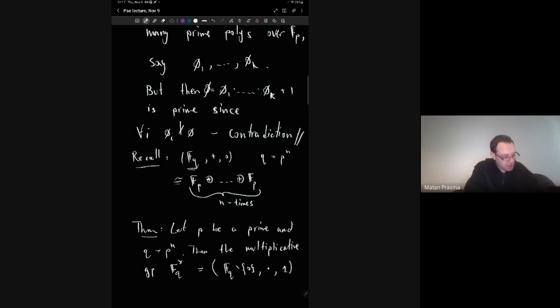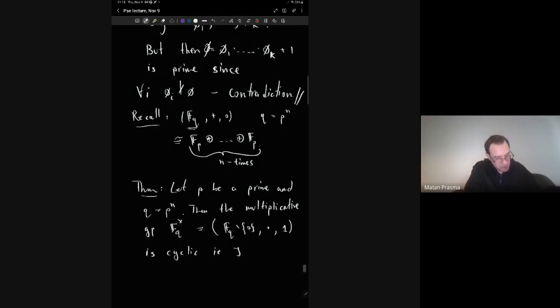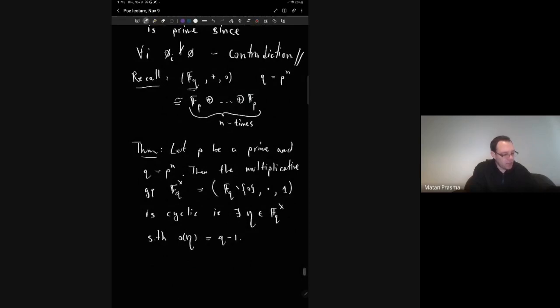And I claim that this group is cyclic. That is, there exists some element eta such that the order of eta is precisely the order of the group, which is of course q minus 1. Okay, this eta is called a primitive.